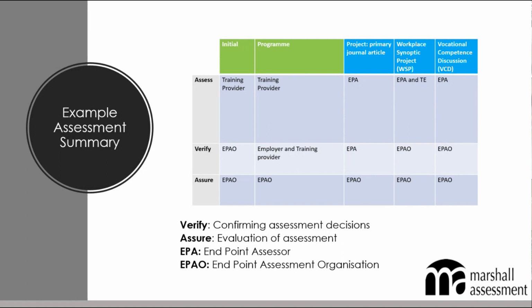Anything in blue is where we come in at the end and endpoint assess. So we're looking at the primary research journal article, the project with questioning, and the vocational competence discussion. Remember, it's these two things that you're going to help us with. These two things make up assessment hurdle 1.